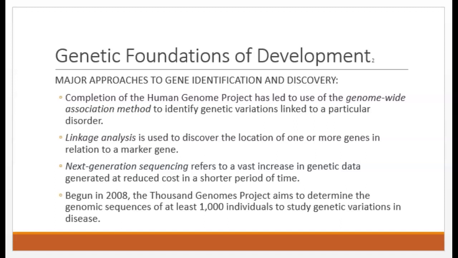Completion of the Human Genome Project has led to the use of the Genome-wide Association method to identify genetic variations linked to a particular disorder. To conduct a genome-wide association study, researchers obtain DNA from individuals who have the disease and individuals who don't. Then each participant's complete set of DNA, or genome, is purified from the blood or cells and scanned on machines to determine markers of genetic variation.